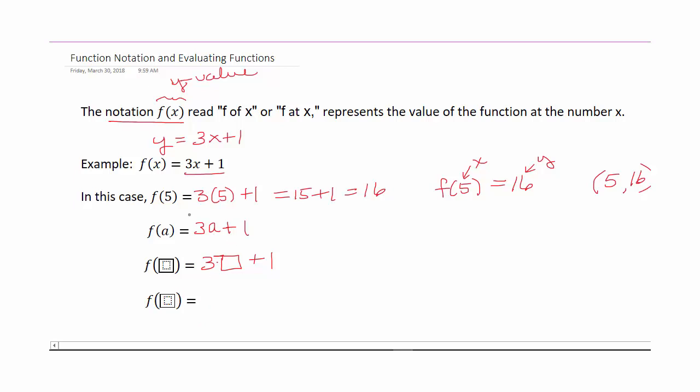So for example, I could put a heart in that box: 3 times heart plus 1. In that box, I could put myself. So f of Miss Hearn equals 3 times Ms. Hearn plus 1. Anything you put in these parentheses is going into this box, this placeholder.